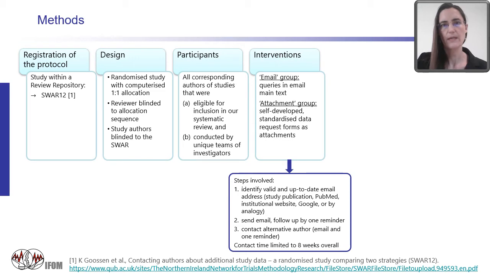We then sent out the emails in the allocated form. This was followed up by one reminder. Instead of then switching to another contact method, such as telephone, we decided to contact an alternative author instead, again with a maximum of 2 emails. Overall, we limited our efforts to a time period of 8 weeks.